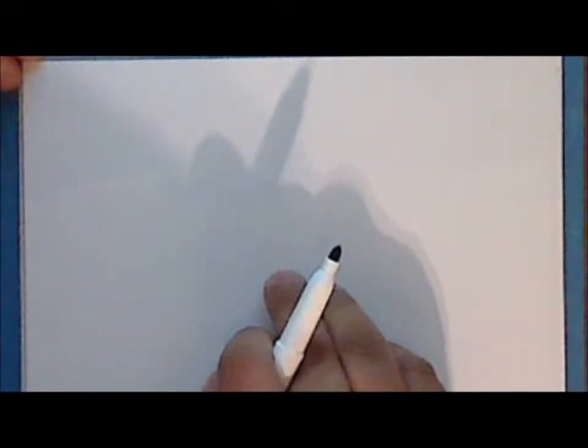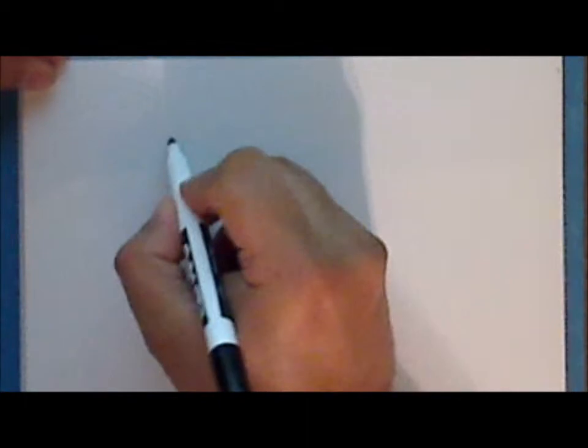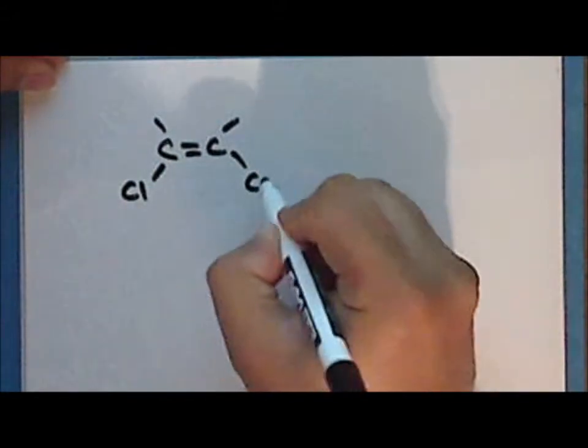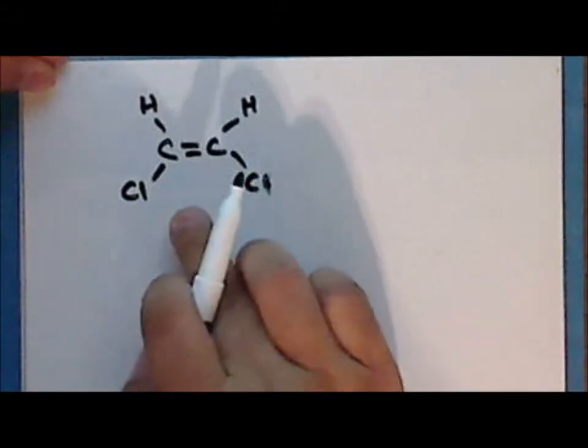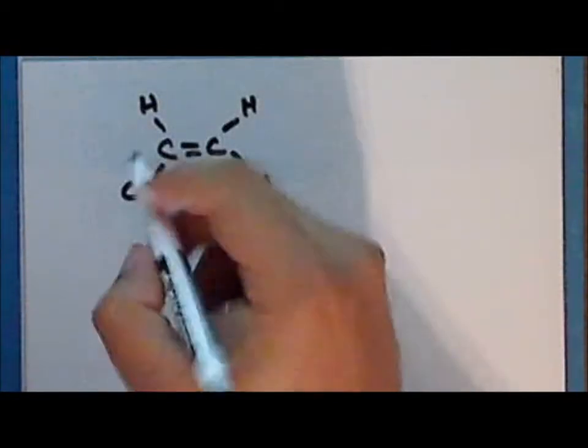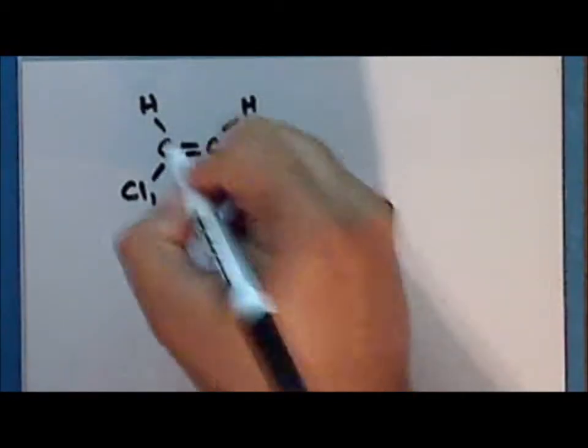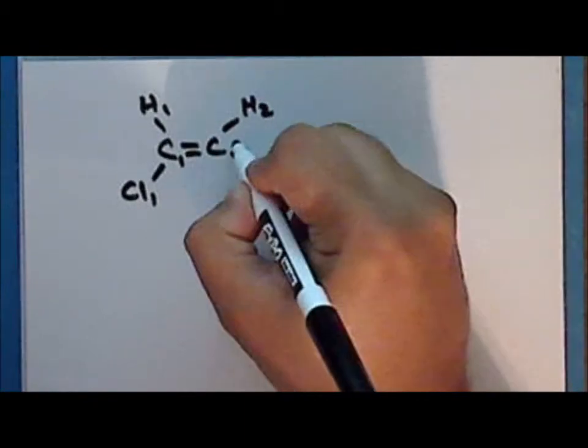So let's look at two isomers of an organic molecule. So first, we'll look at the cis 1,2-dichloroethene molecule. Let's label the chlorine, carbon, and hydrogen atoms.